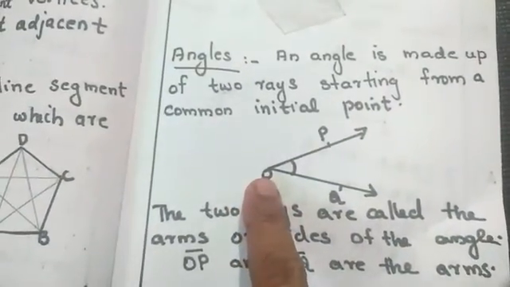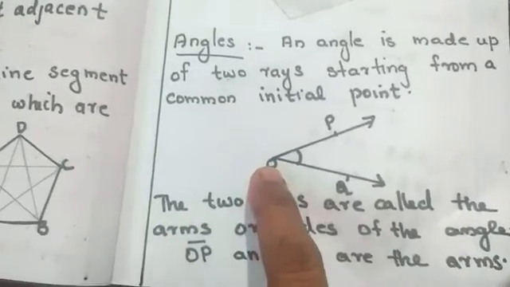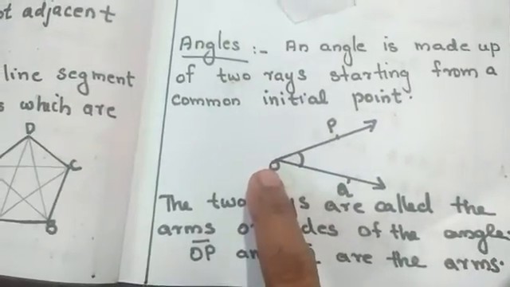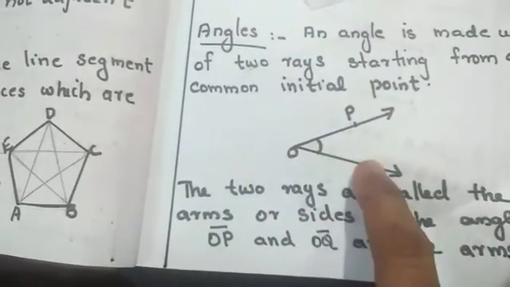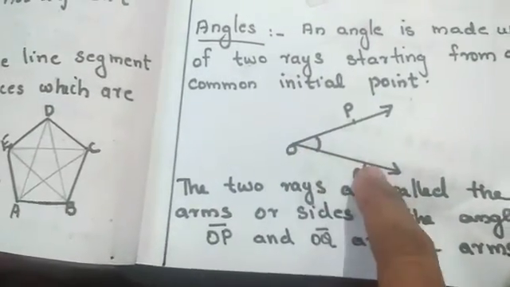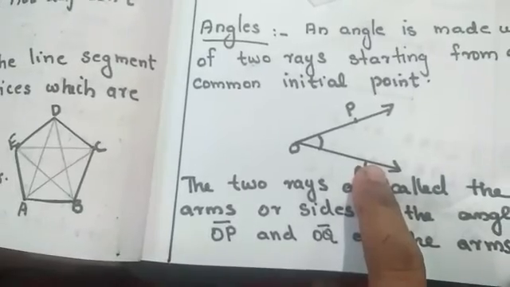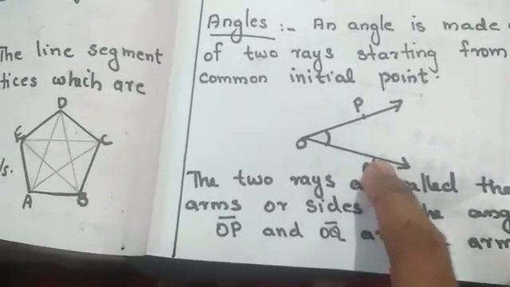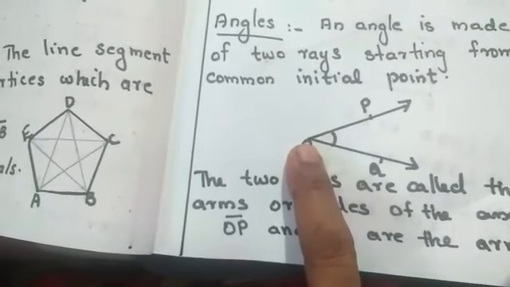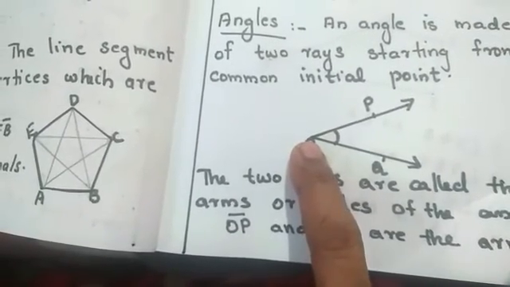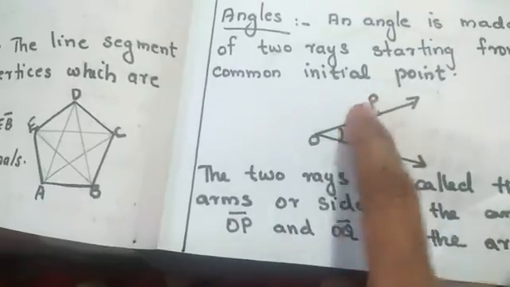Here is a common vertex. This is the vertex of the angle POQ. Moreover, we can call this angle either by the letter O, angle O, or by using three letters, POQ.